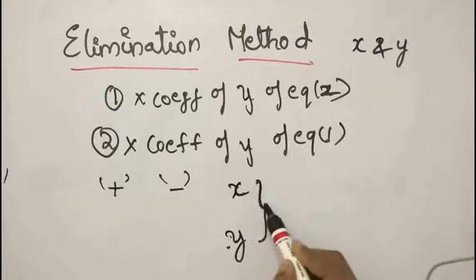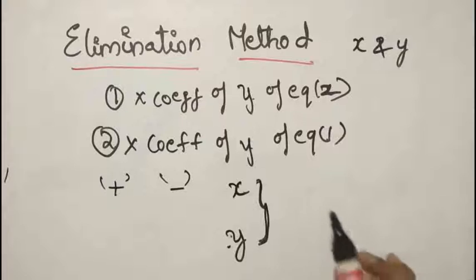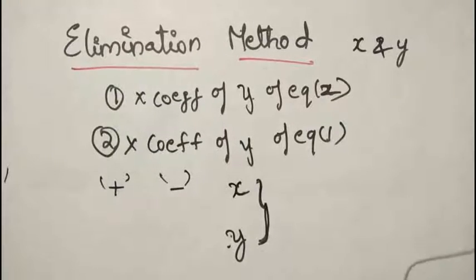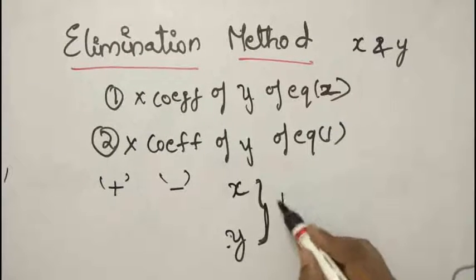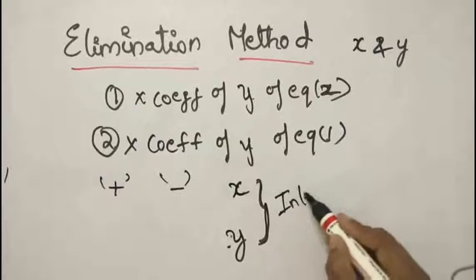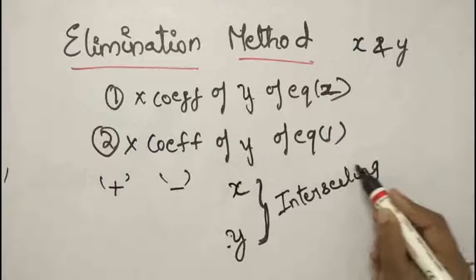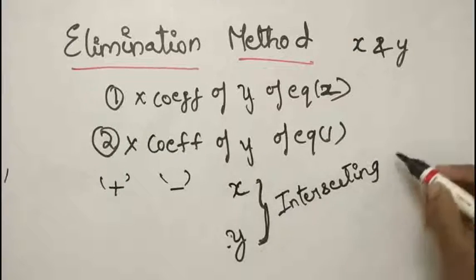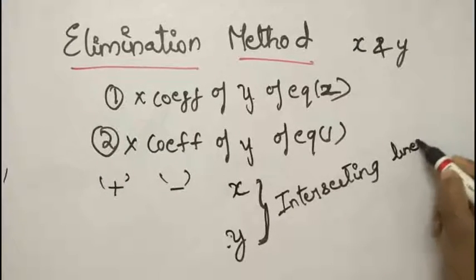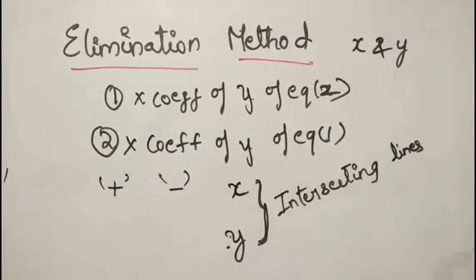We will get the value of x and y only in case of intersecting lines. Is it not? Because intersecting lines have a unique solution. So definitely after using the elimination method, if you solve the equations, you will get the values of x and y. Is it not?